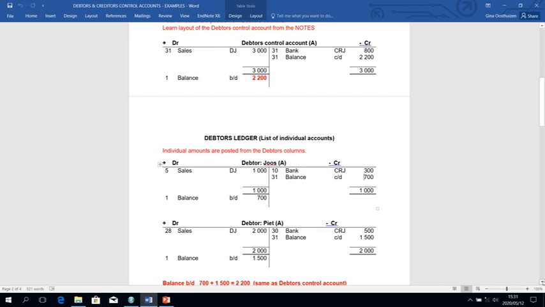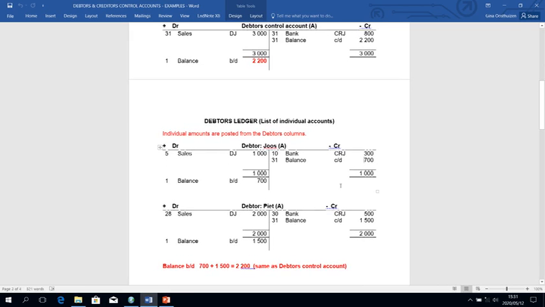When we look at the balances brought down, we will compare the debtors ledger with the general ledger, the debtors control account. Here we see the balance brought down of 2,200, and here we see 700 plus 1,500 gives 2,200.